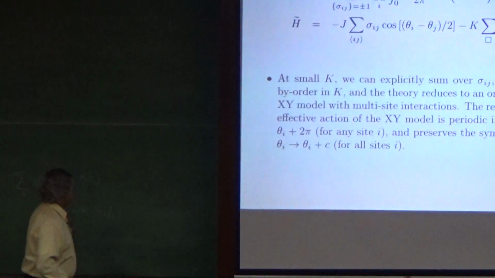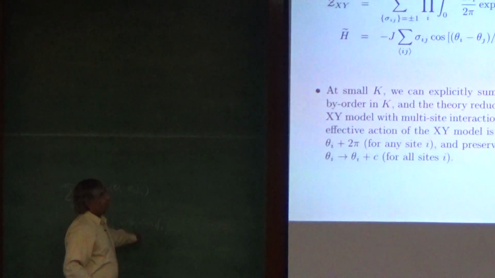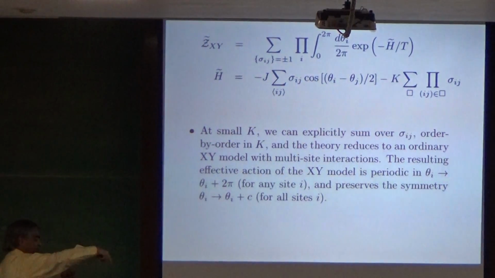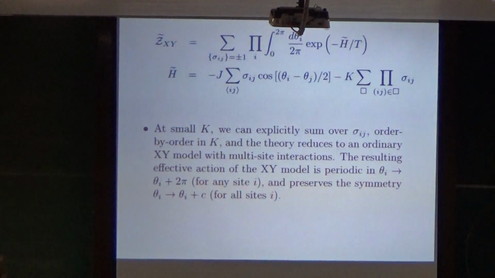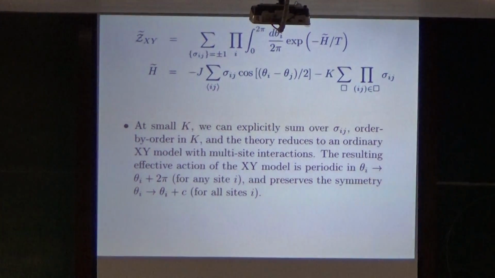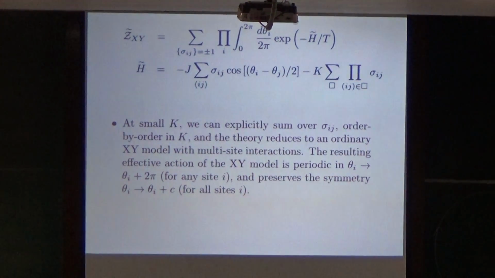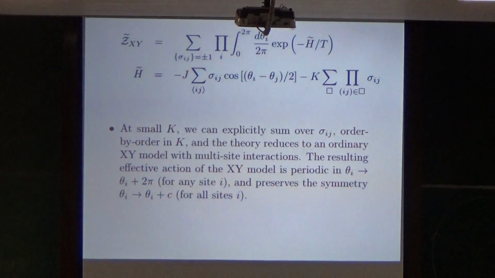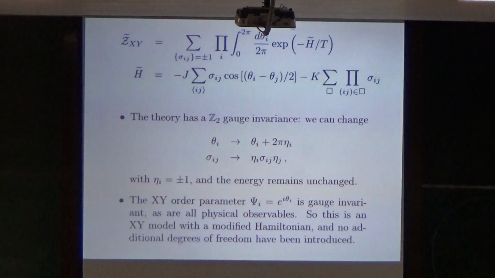But this is still a two-body term, only two thetas. But once you go to higher order in k, you'll start getting terms that involve theta around a plaquette. And so you see that it's basically the same model, except I've written it in a compact way using this auxiliary binary variable. Okay, so that's point 1.